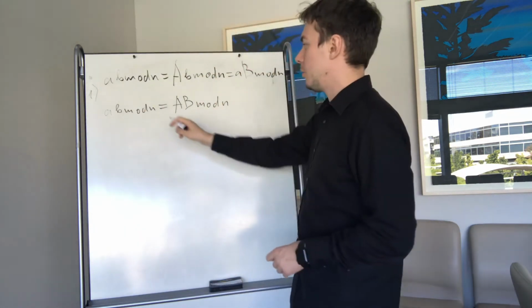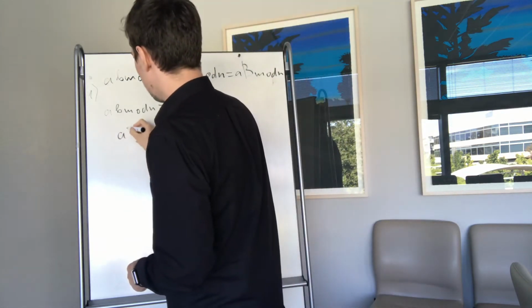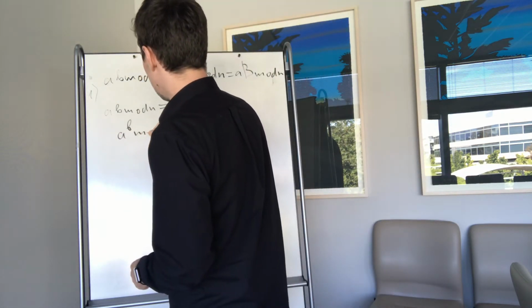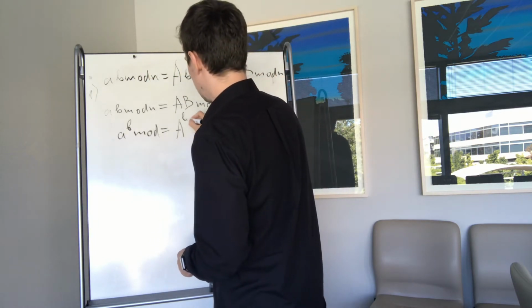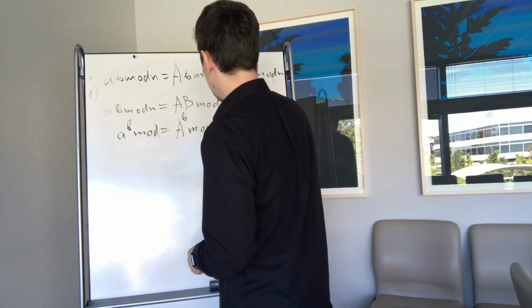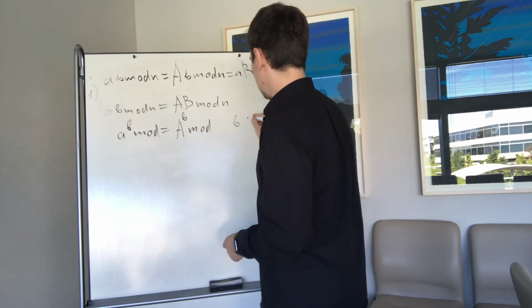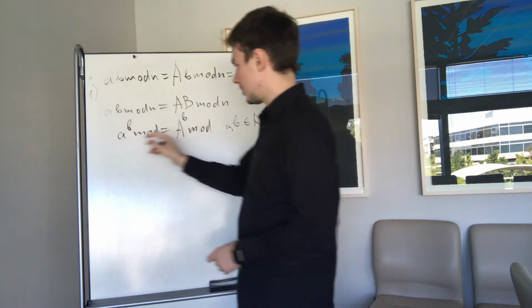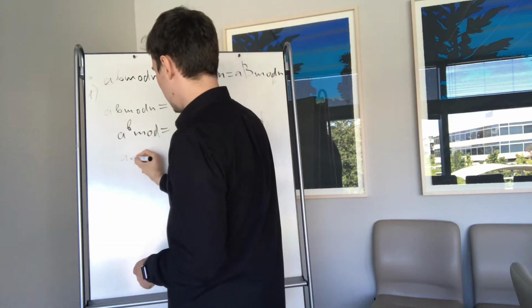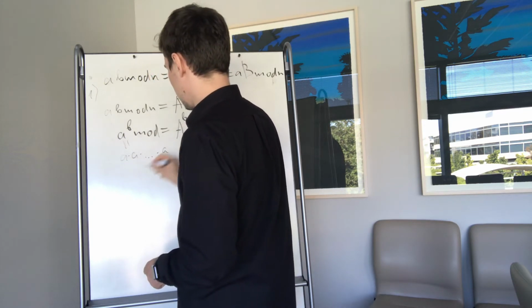And if we use the same logic, we can prove that (a mod N) power b mod N equals a power b mod N, because a power b, with a and b natural numbers, just means a times a times and so on times a.